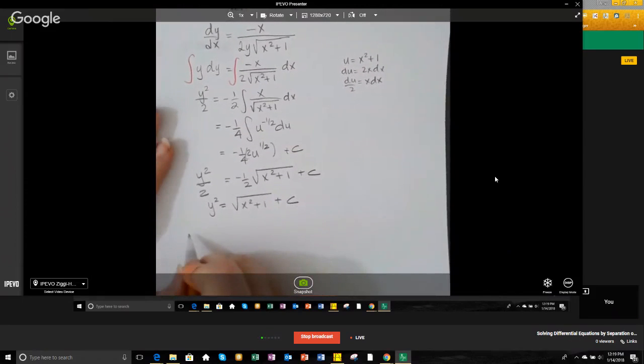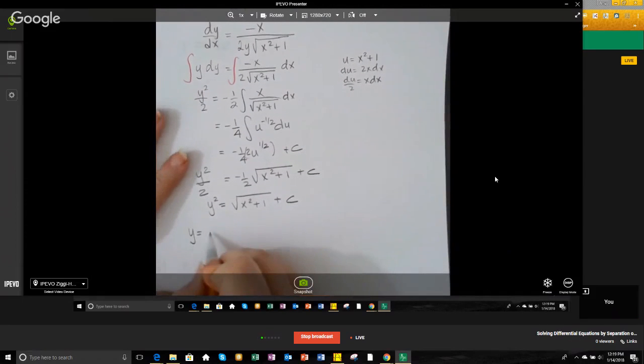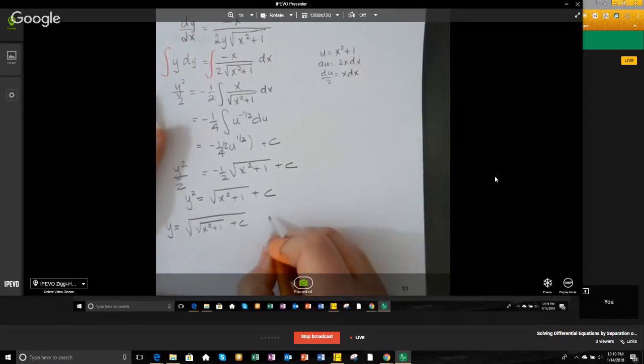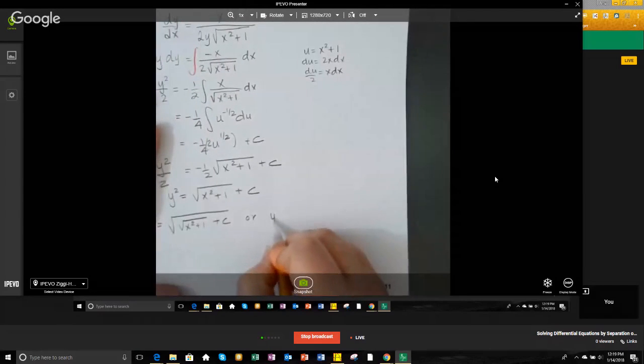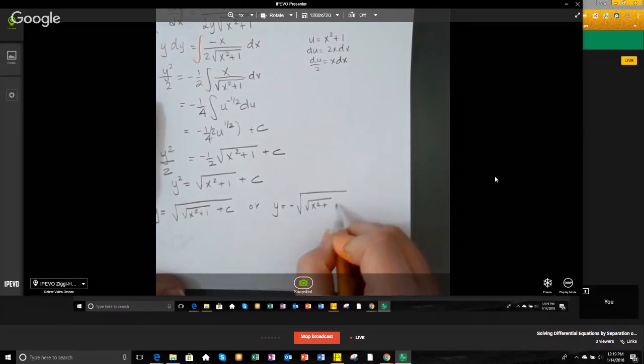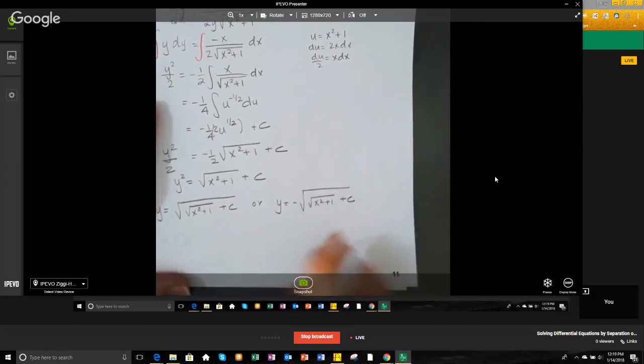We're going to have two solutions. We're going to have a positive solution, which is the positive square root of the square root of x squared plus 1 plus c, or the negative solution, which would be y equals negative the square root of x squared plus 1 plus c.